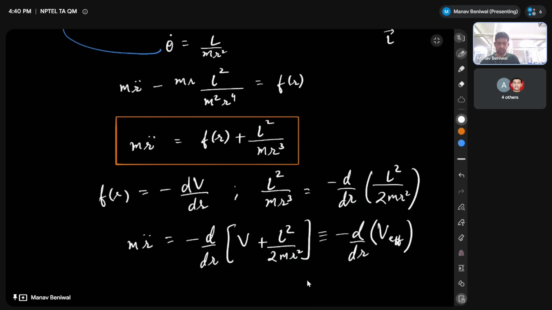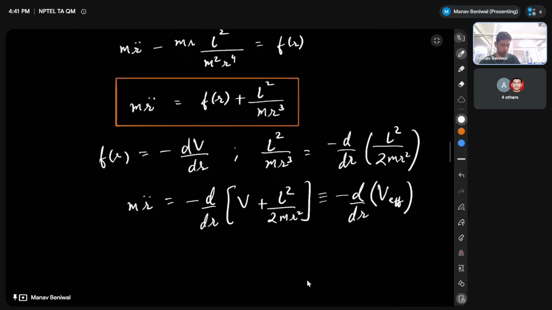This is my effective potential, and this is what we discussed in one of our last sessions as well. So this is a basic background for our central force problems.